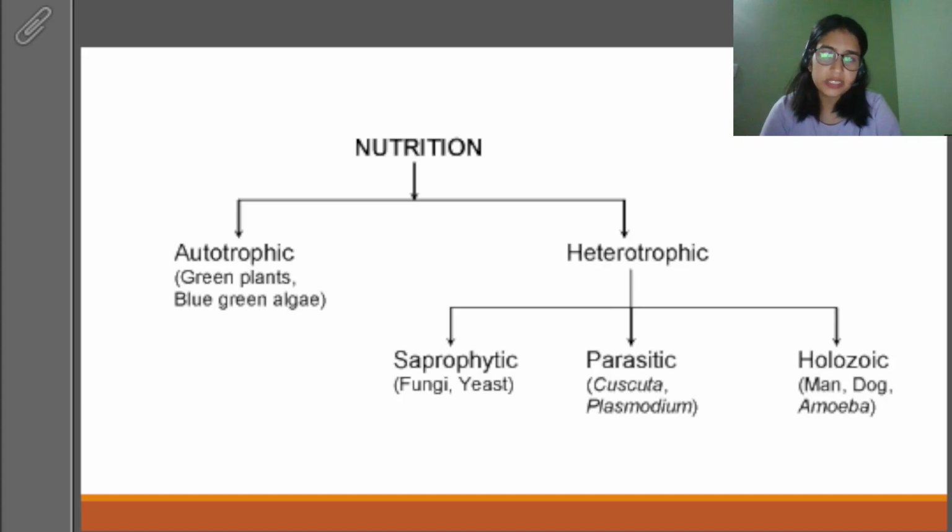Under parasitic nutrition we have cascata and plasmodium. The last category yet to be discussed is the holozoic mode of nutrition, and the examples we can see here are man, dog, and amoeba. So we'll be taking a look at what the holozoic mode of nutrition is all about.